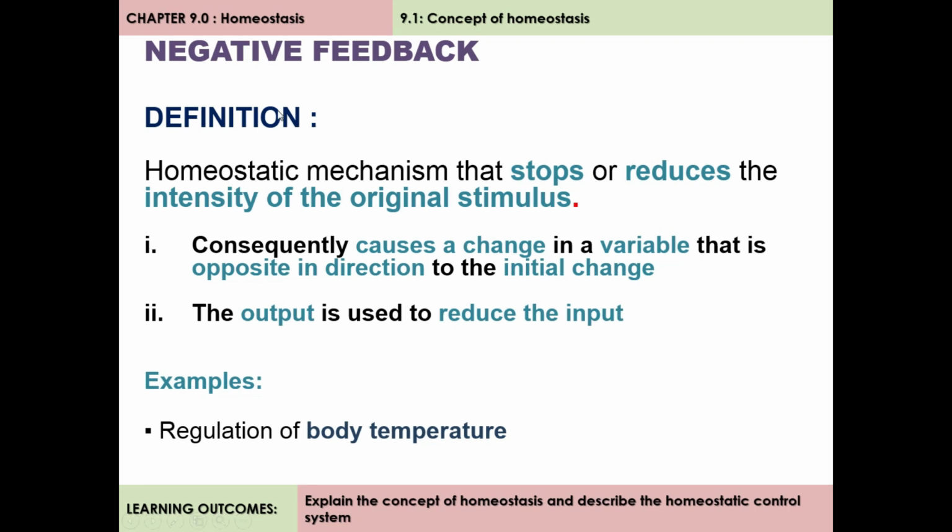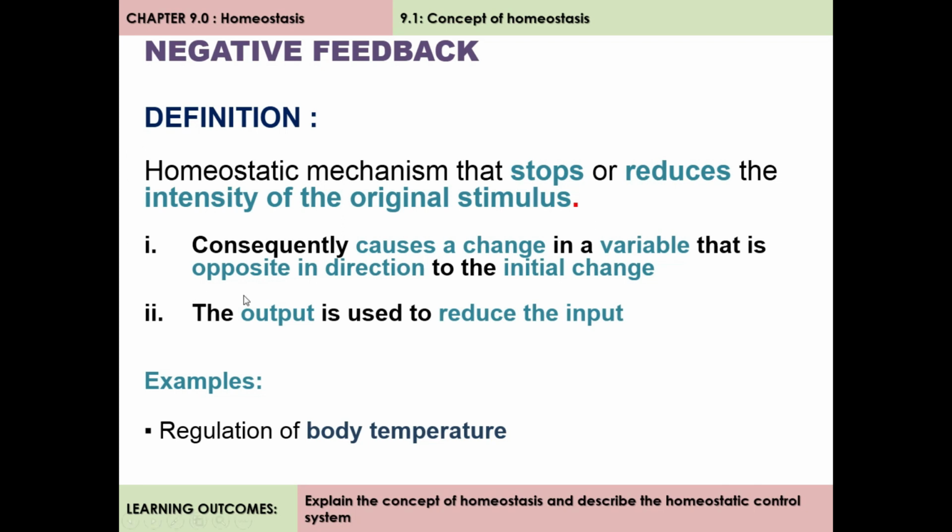I repeat again. For negative feedback mechanism, it is a homeostasis mechanism that stops or reduces the intensity of the original stimulus. But for positive feedback mechanism, it enhances the intensity of the original stimulus.